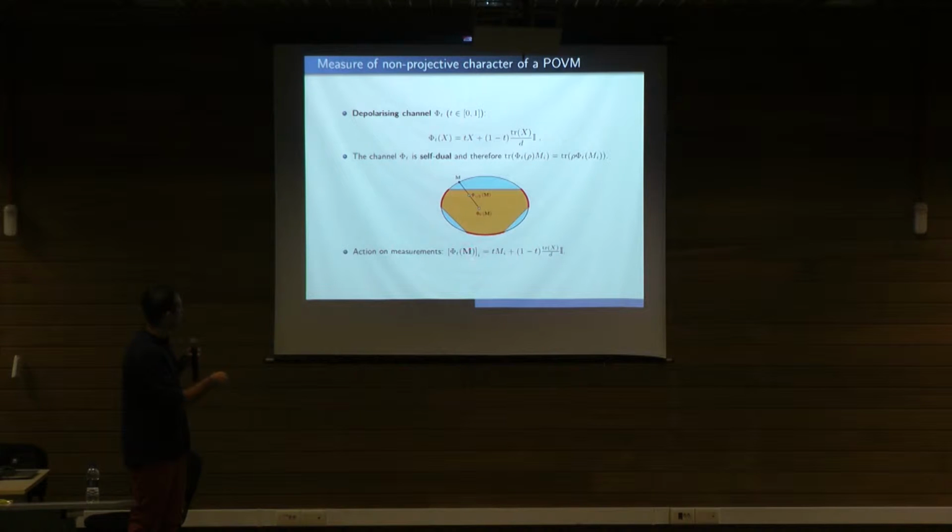So they become noisy, and this t is the so-called visibility of a POVM. Right. So when t equals 0, then all our effects are proportional to identity, and then it's very simple. That is to say, this measurement is simulable by projective measurements.